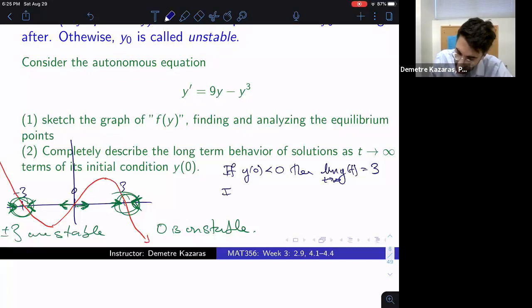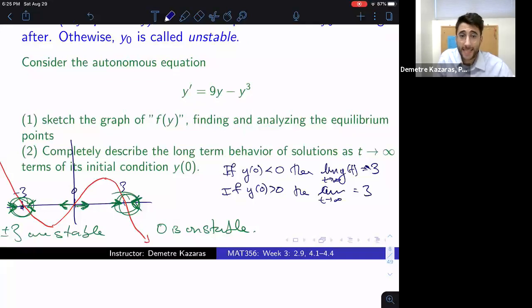Right. So from that discussion, if y of 0 is positive, then the limit of the corresponding solution will be 3. And of course, last time I meant -3, because the -3 is the attractor there. And then there's the third possibility. What happens if f is 0? Well, that's another equilibrium point, so it'll just stay 0.